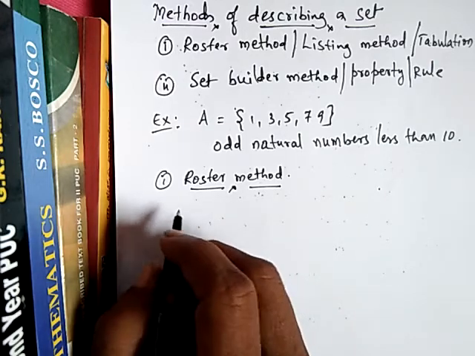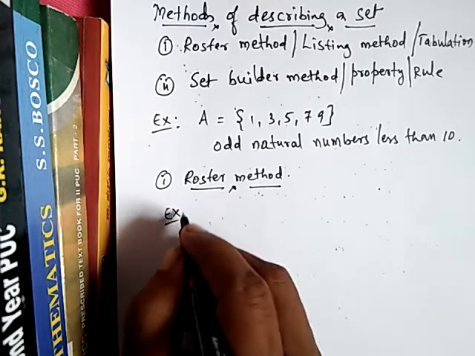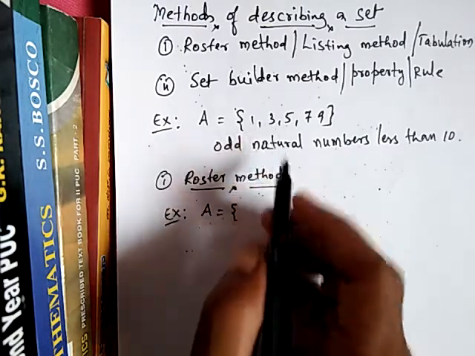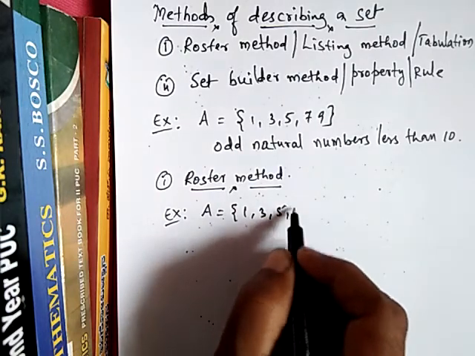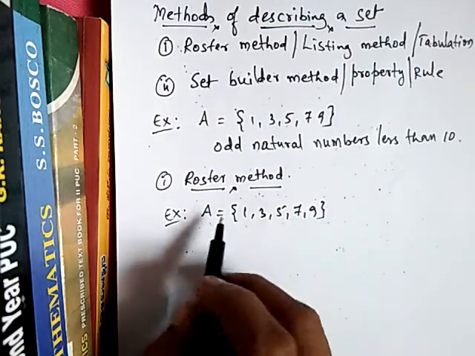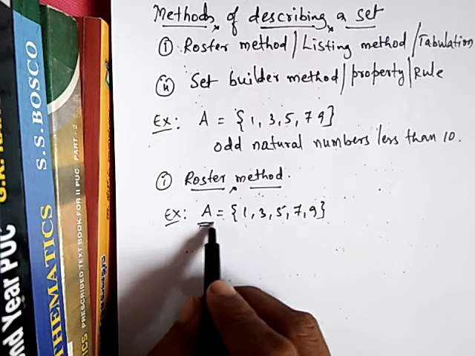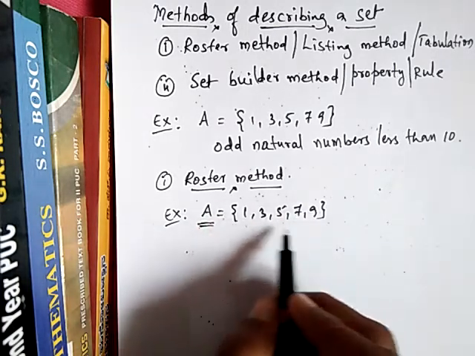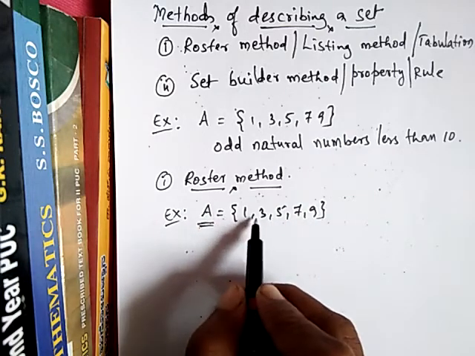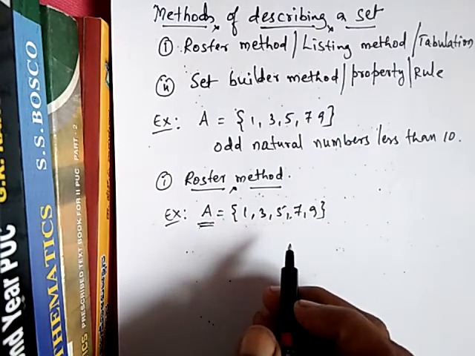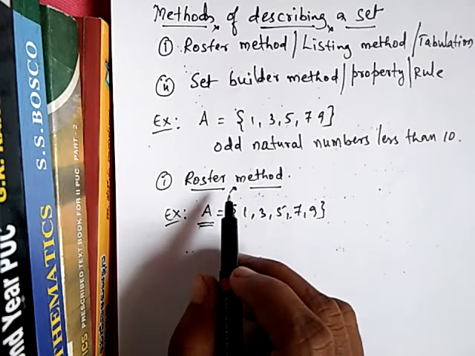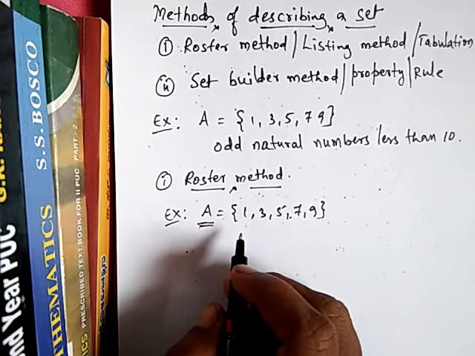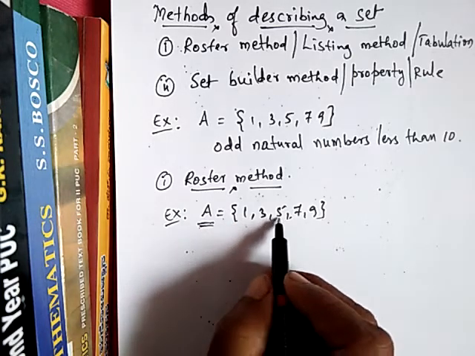For example, A is equal to {1, 3, 5, 7, 9}. Here a set is denoted by capital letter A, and it is enclosed in braces like this, and each element is separated by commas. So once again I will repeat, in this roster method a set is described by listing all its elements, separating them by commas like this.